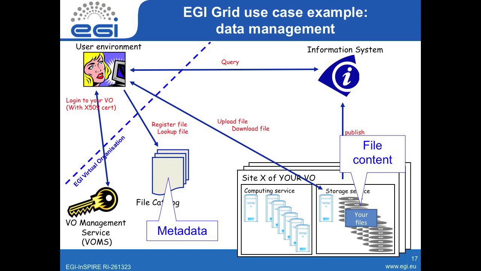So they have their data stored in the grid, and they have associated a logical file name, which is a mnemonic file name created by the user, so it can also contain some logic typical of the user workflow. So metadata are in the file catalog, and the actual data are stored in distributed services across the infrastructure.